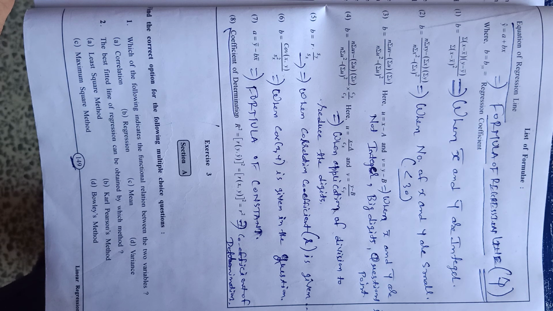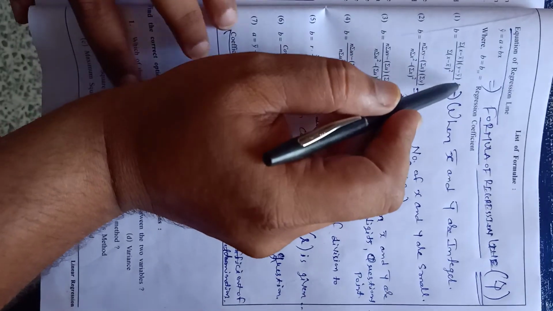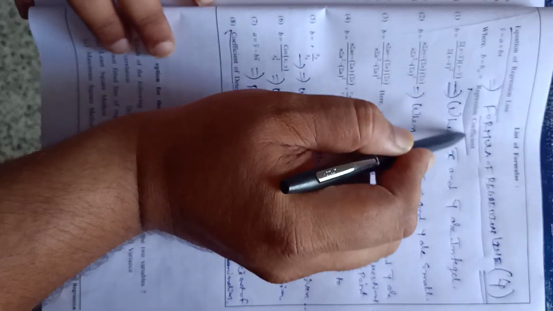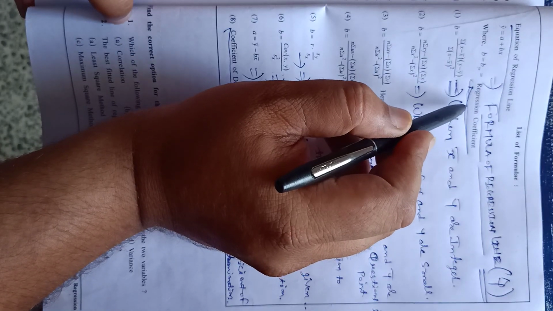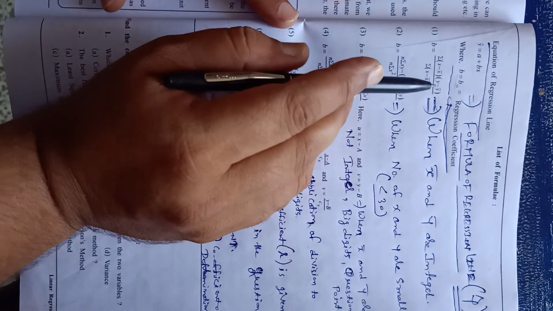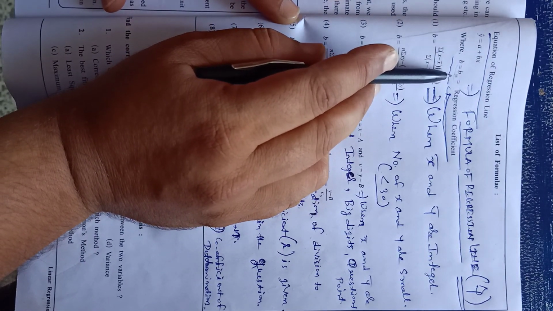As in the steps we studied, there are 3 steps to find the regression line. The first step is the regression coefficient. The regression coefficient is denoted by B. Here it is B or BYX.